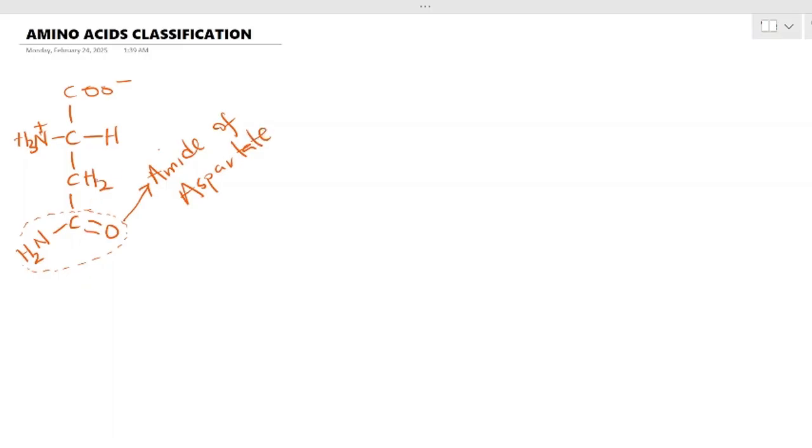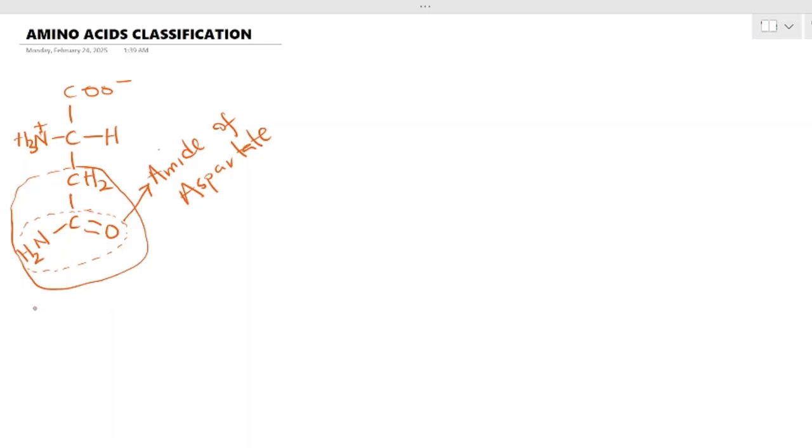Good. And the whole of this is actually your R group. The whole of this, okay? So the whole of this is your R group, and that forms the asparagine.